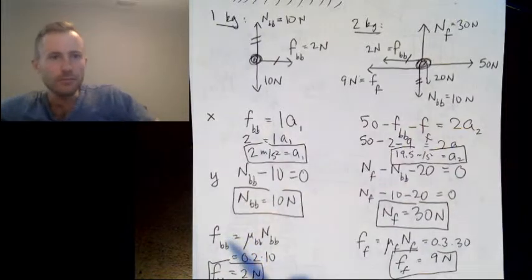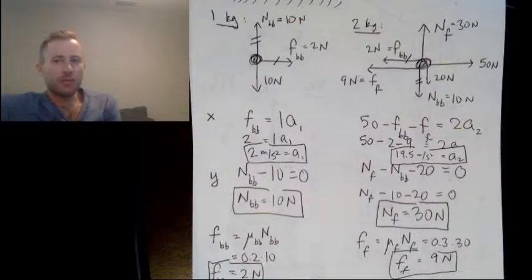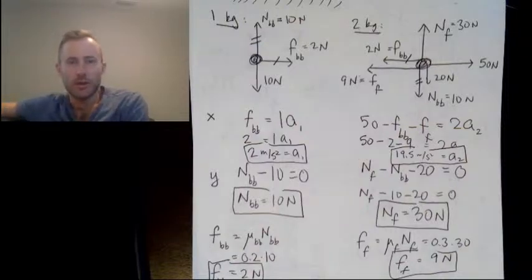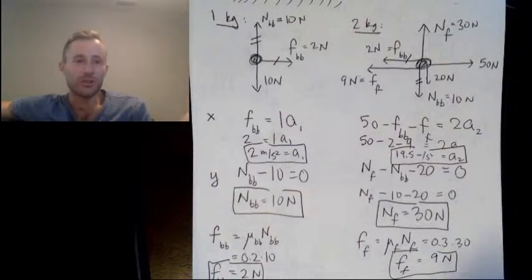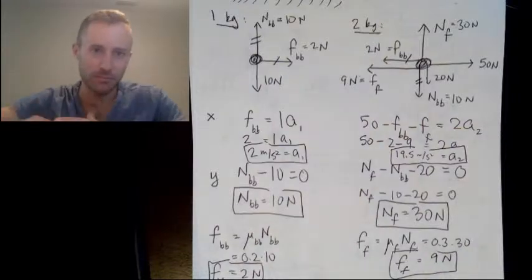Okay. So there is a question about static or kinetic friction. One of the things I want to say about this type of problem is you can have a lot of different things happening. You can have static friction or kinetic friction. You can have friction goes to the left or to the right. Really what you have to do if you want to solve the problem is make an assumption.